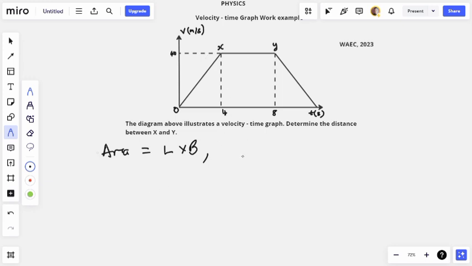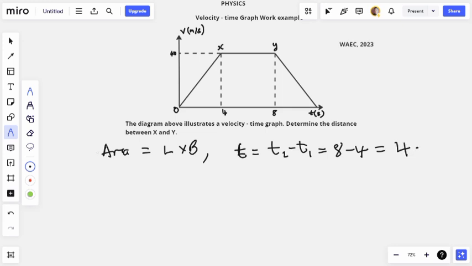Our length L in this case, which is represented by time t, is equal to t2 minus t1. And we know that our t2 is this point 8, minus t1, which is 4, which will give us 4.